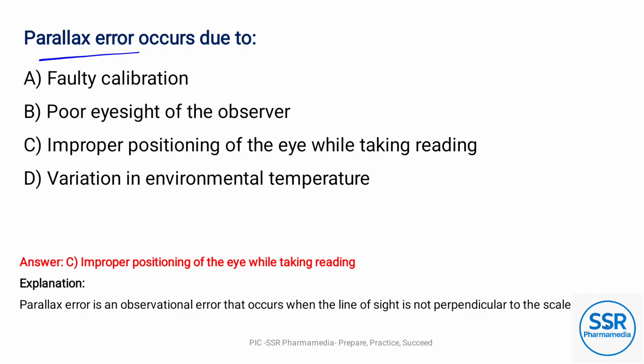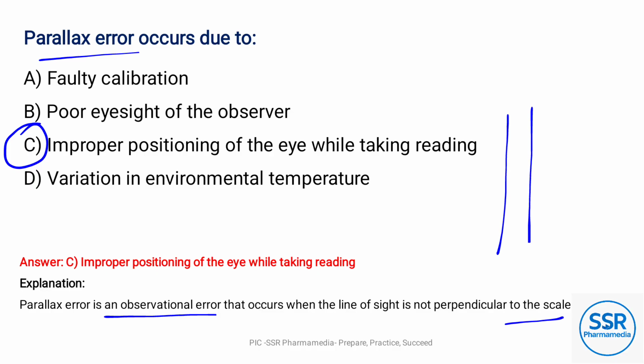The answer is option C, improper positioning of the eye while taking reading. Parallax error is an observational error that occurs when the line of sight is not perpendicular to the scale. For example, when we are doing an assay, we have to see the burette at a right angle. If we are not looking at the right angle, the reading may be mistaken. That is called parallax error.